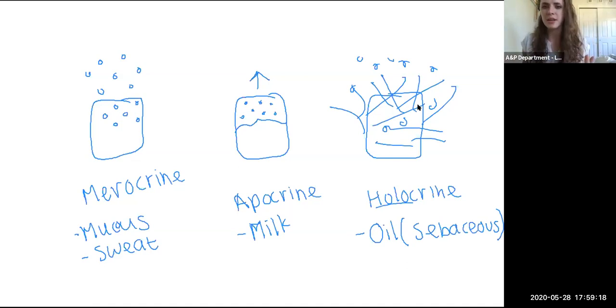The cell hasn't broken down. It would be apoptosis, like you said. The cell does explode, but it's not because it was damaged. It's exploding because somewhere needed oil. Somewhere needed to be lubricated, either your hair or your skin. Does that make sense? Student: Yeah, kind of. Okay.